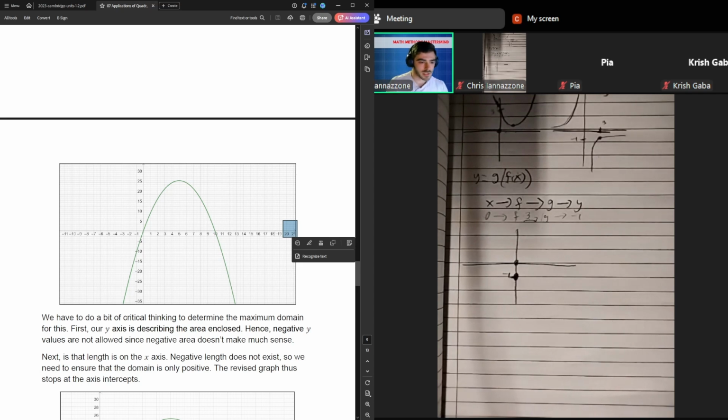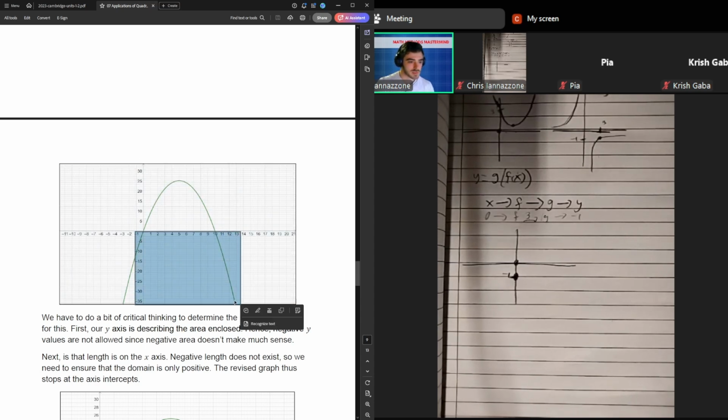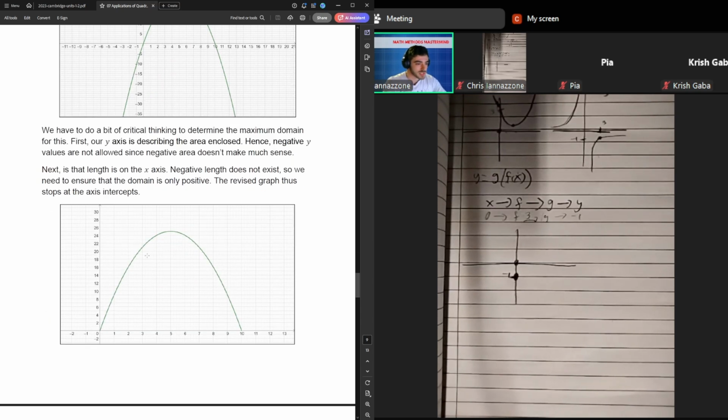So when you're thinking about application style questions, you have to consider, can these quantities be positive? Can they be negative? Can they be zero? All sorts of questions like that start to arise. The gist of it is that things can only ever be positive. Positive area, positive length, and so pretty much everything below here is going to be cut off. Yeah, area greater than or equal to 0. Correct. So that's the gist of it. You cut off at those spots.